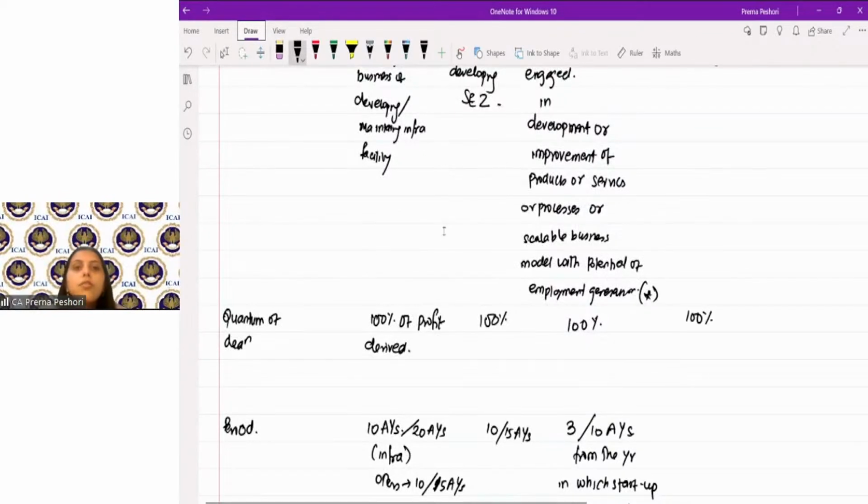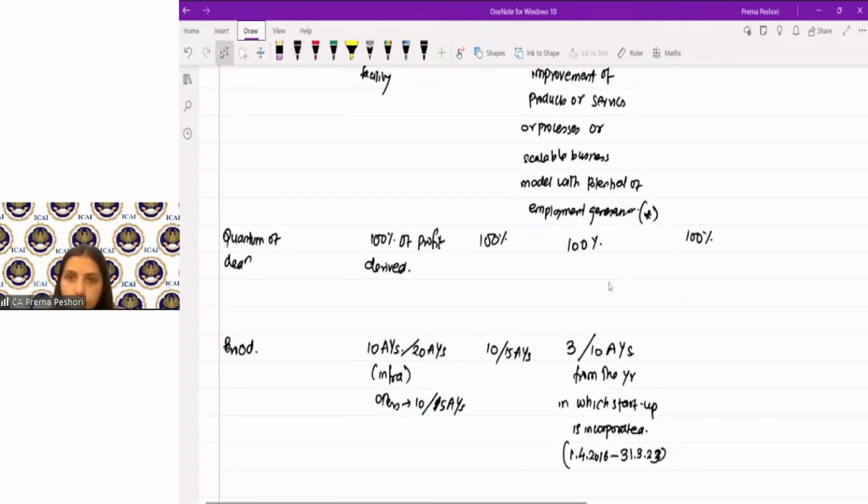So here also 100% deduction will be available for the initial 5 years, and thereafter 25% deduction is available. So 100% for first 5 years and later 25%. Later 25% deduction is being available. Right?